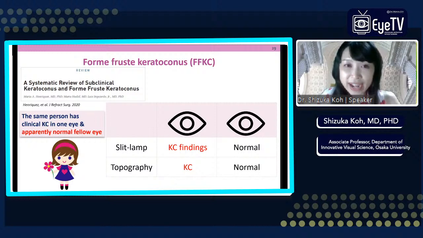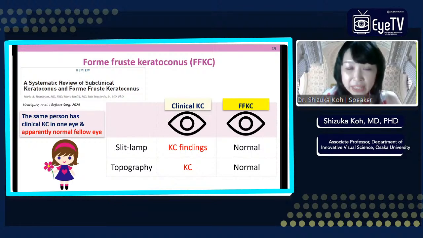FFKC is defined as a cornea that has no abnormal findings by both slit lamp examination and Placido disc corneal topography. The same person has clinical keratoconus in one eye and apparently normal fellow eye. However, there is no consensus on the definition of FFKC right now.